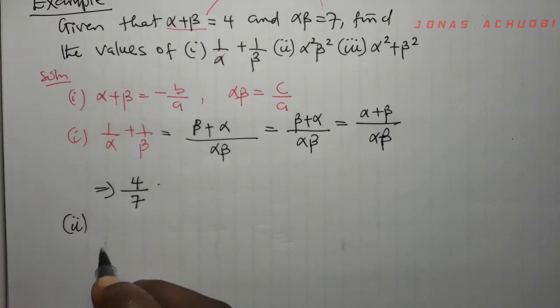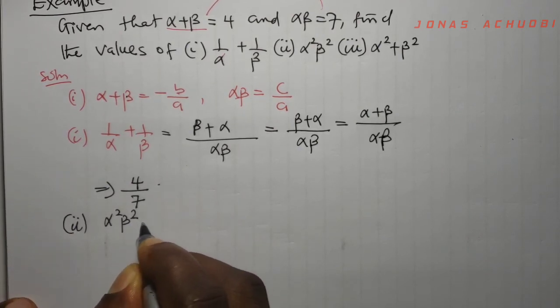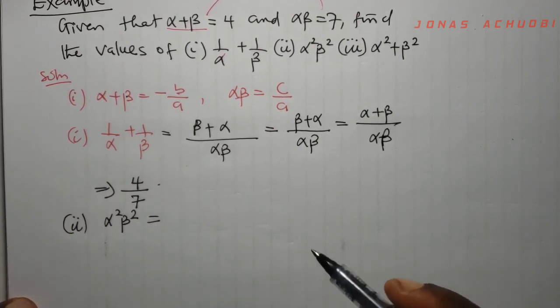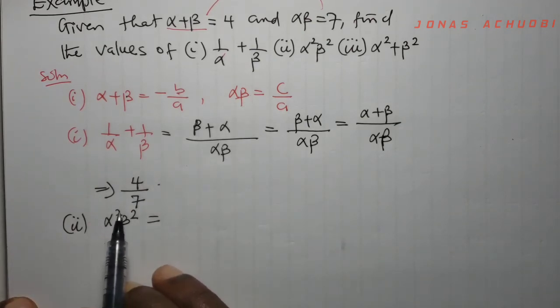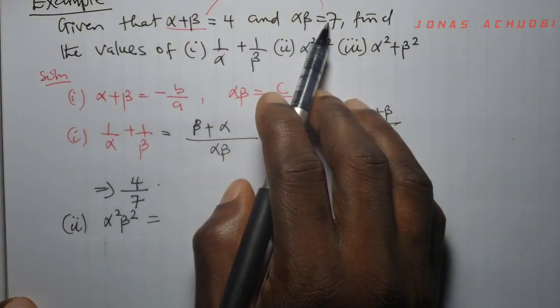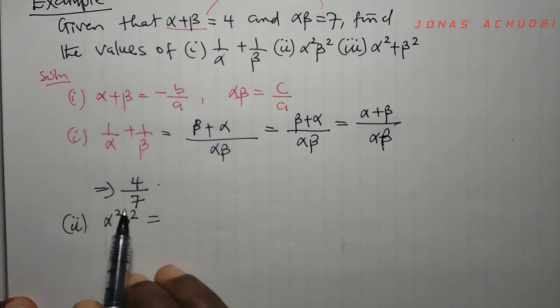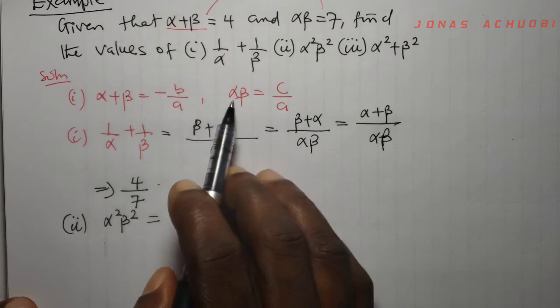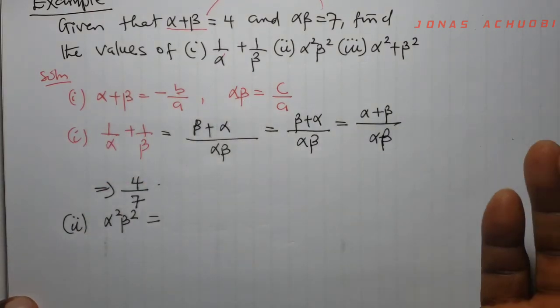Part two asks us to find the value of alpha squared beta squared. Again, what we know is alpha beta and not alpha squared beta squared. And of course, in the problem, we are given that alpha beta is 7, and we are not given alpha squared beta squared. So like I said before, all we need to do is to try to rewrite the expression in terms of alpha beta or alpha plus beta or both, where it is possible.